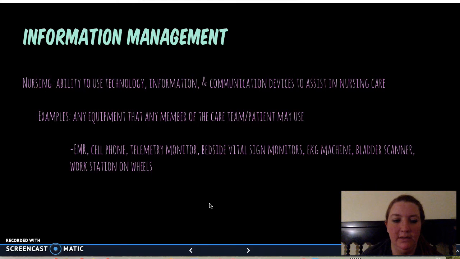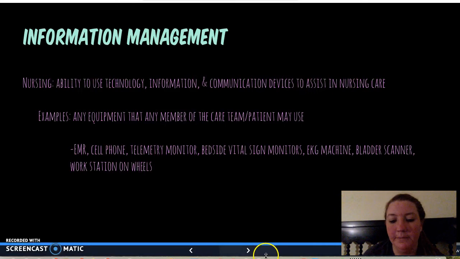This is endless. So any way to manage information, so all this information is coming in, and these forms of technology are managing it. Like a telemetry monitor, we have all these electrical stimuli coming in from their leads. The telemetry monitor is managing this, making it in a way we can read it, standardizing this information so that we can use it in our daily work.